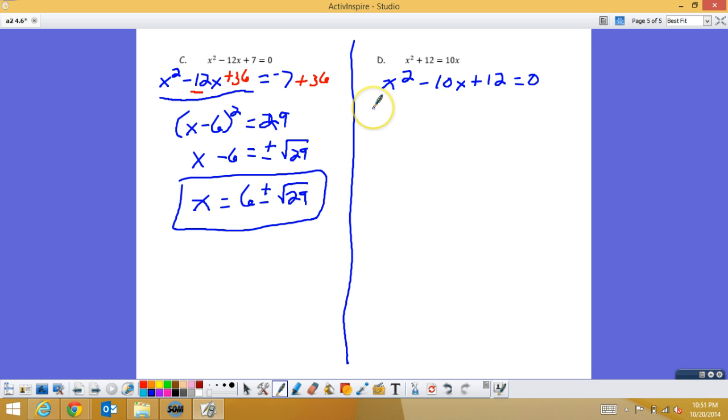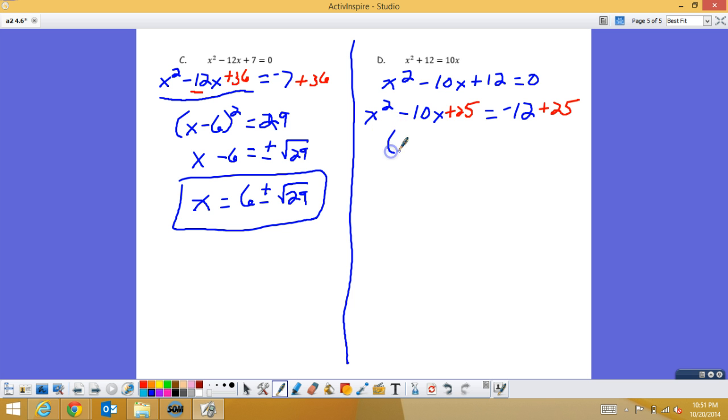So I'm going to start completing the square by first moving the 12 by subtracting it. And to complete that square, I'm going to take half of 10, which is 5, and square it, so that's 25. I'm going to add that 25 to both sides.